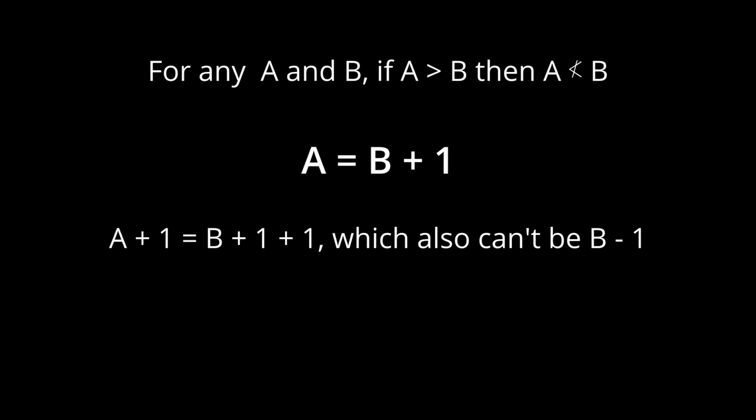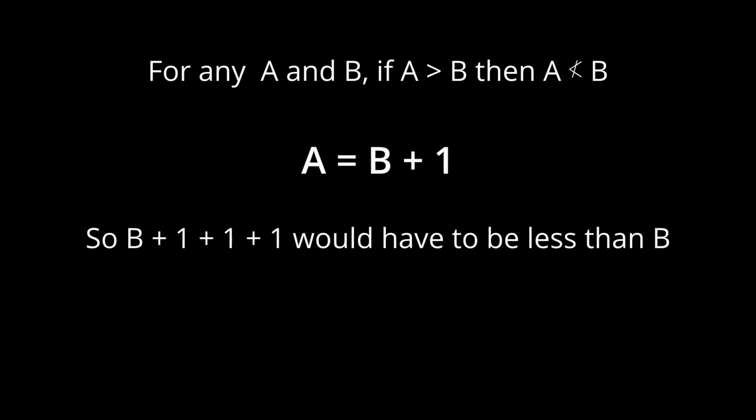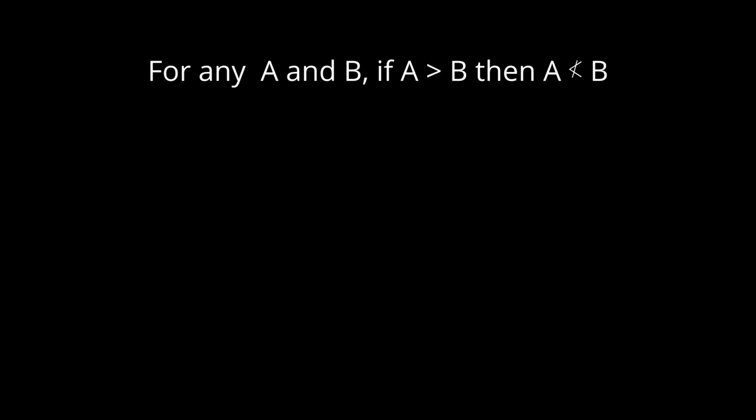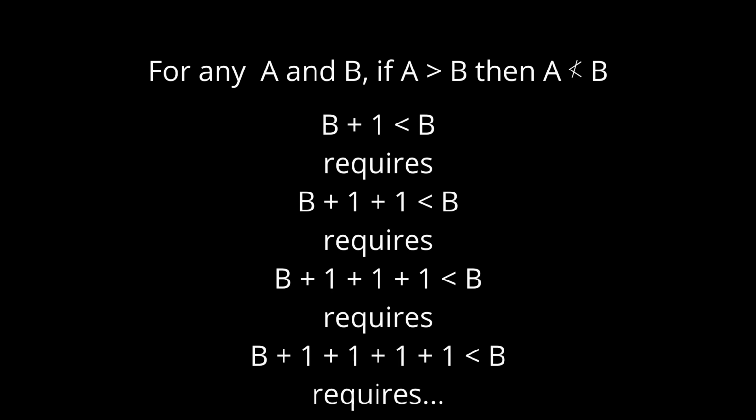So again, the only way for that number to be less than b is for a number after it to be less than b, and so on. Every number would have to be less than b for the number after b to be less than b. I think I know this can't be true, but things have gotten weird enough that I'm not quite sure.